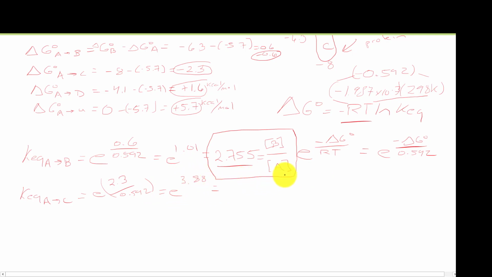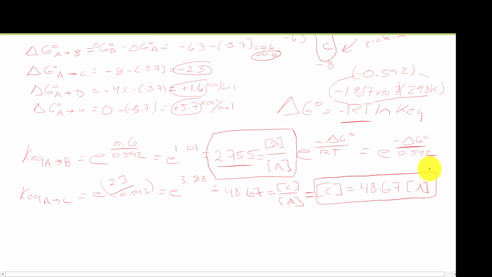And that equals 48.67, which is equal to C over A. Can you start to see why I have all of these solved in terms of one variable, especially the first starting variable? That means A is on the bottom. And if we convert this, we can get concentration of C in terms of A. By multiplying A across, we get C is equal to 48.67A. And now we have them all in terms of one variable.